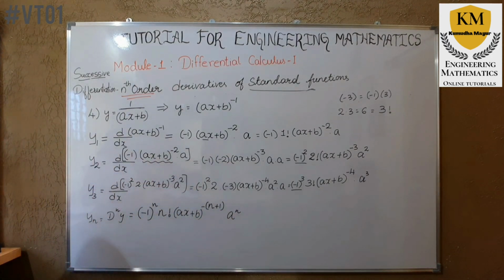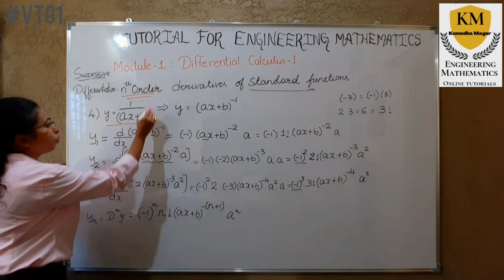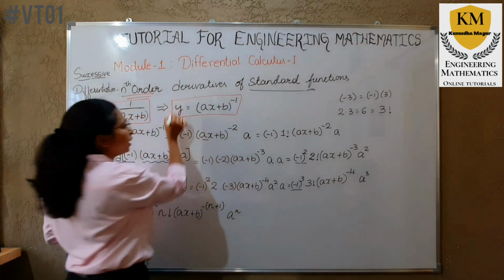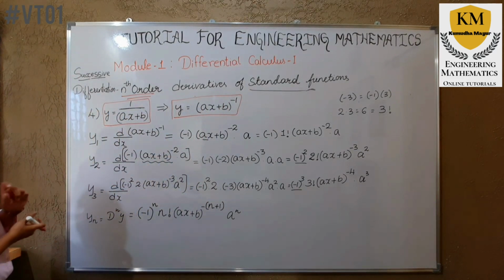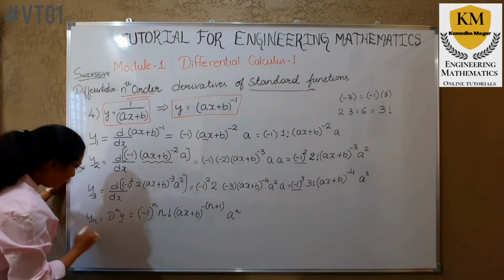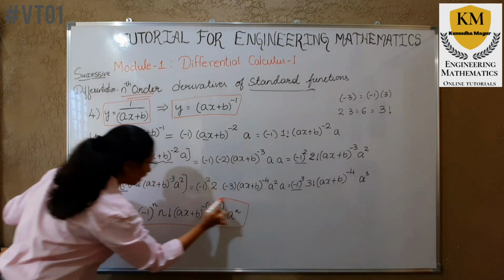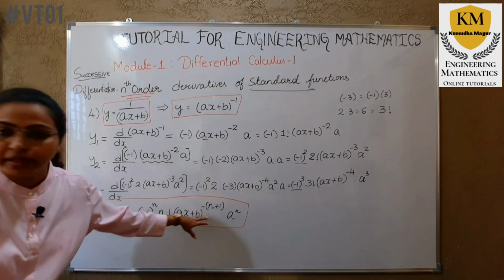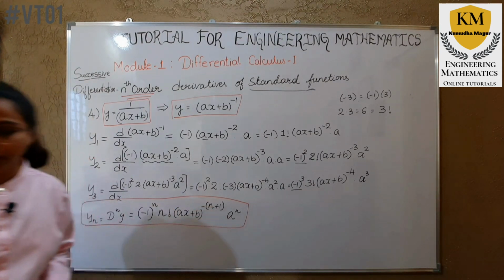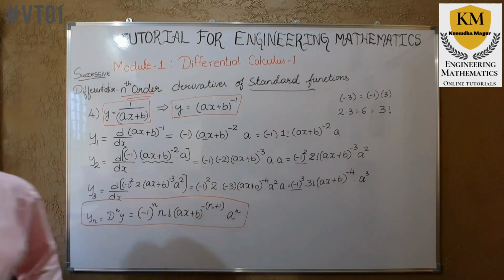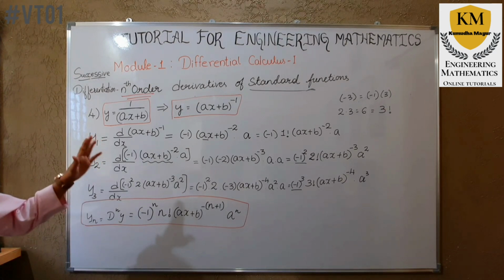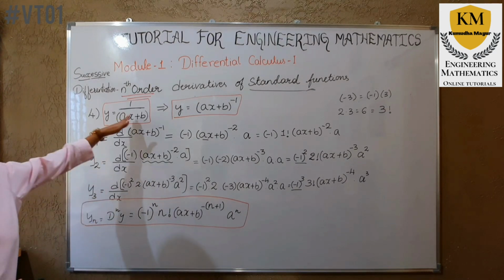So for this standard function, y is equal to 1 by (ax plus b), or y is equal to (ax plus b) to the power minus 1, its nth order is minus 1 whole to the power n into n factorial into (ax plus b) to the power minus of (n plus 1) into a to the power n. This is the standard nth order derivative of this standard function.